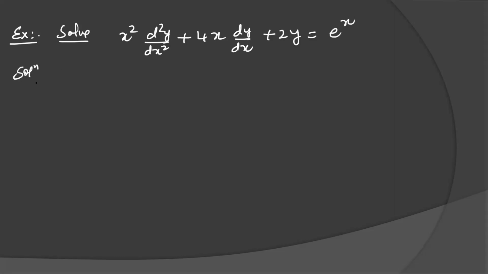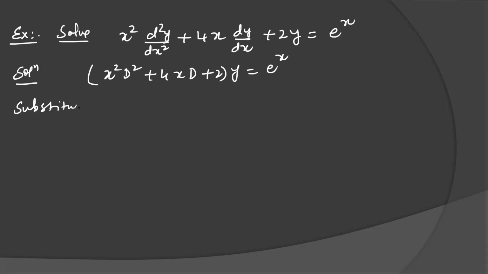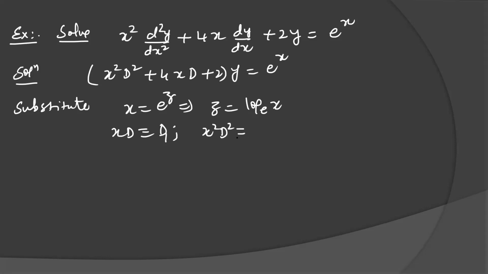Let's see the solution. It is (x square D square plus 4xD plus 2) y is equal to e to the power x. It's a Cauchy-Euler differential equation. So we will substitute x equal to e to the power z. So z is going to be log x, and xD is equal to D1, x square D square is equal to D1 (D1 minus 1).